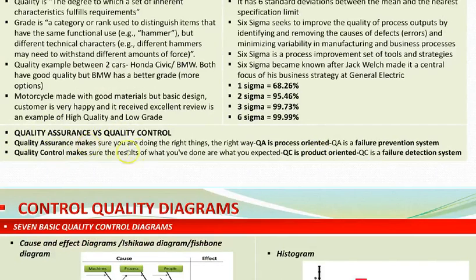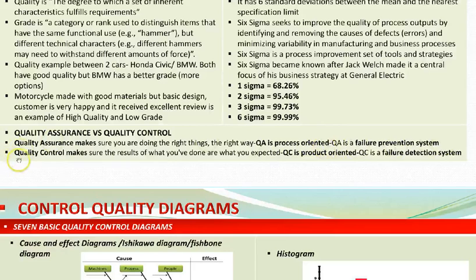Quality assurance makes sure you're doing the right things the right way. Quality assurance is process oriented. Quality assurance is a failure prevention system. So that's what we're doing right now.